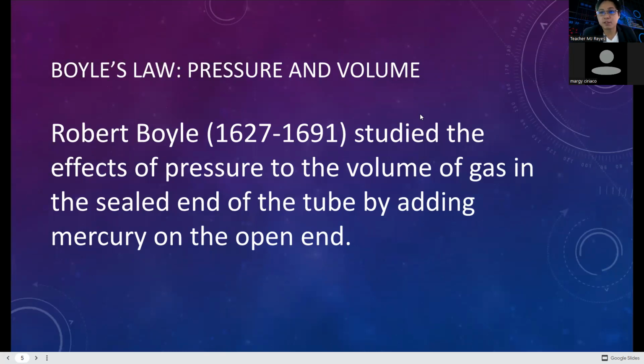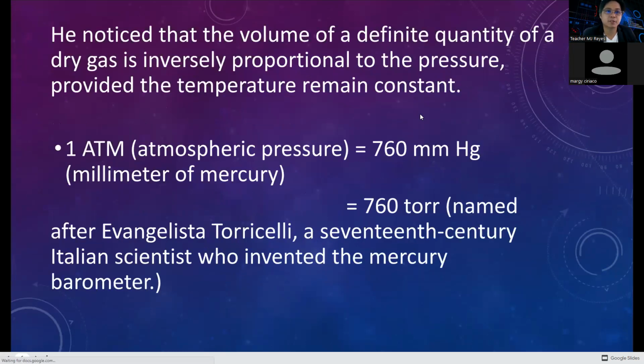So what is the result of Boyle's experiment? He noticed that the volume of a definite quantity of a dry gas is inversely proportional to the pressure, provided temperature remains constant.